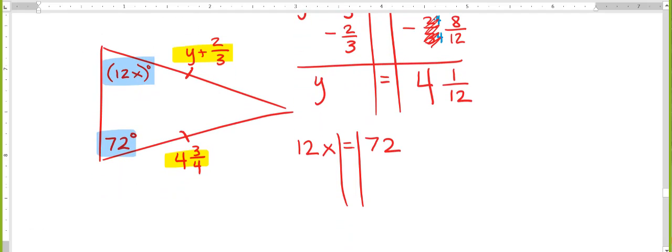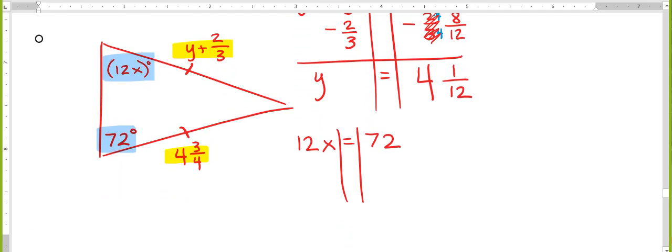To get x by itself, I need to divide both sides by what number, Natalia? I want to get this x by itself. So what do I need to get rid of? The 12. You see it? So I want to divide both sides by 12.